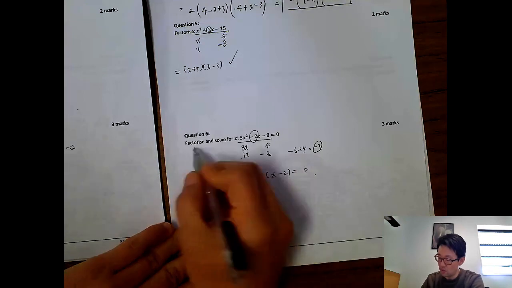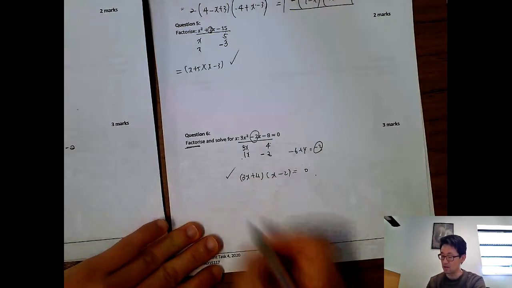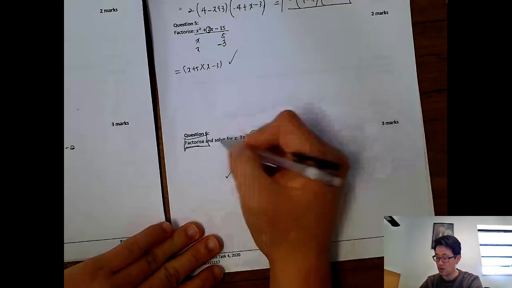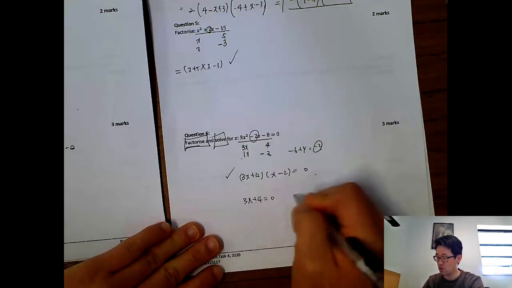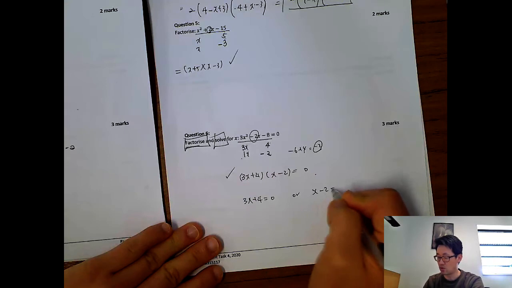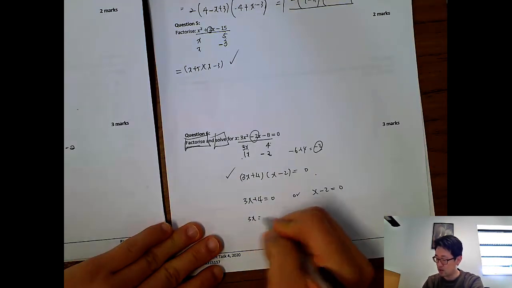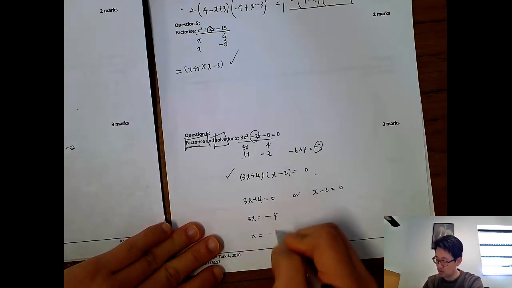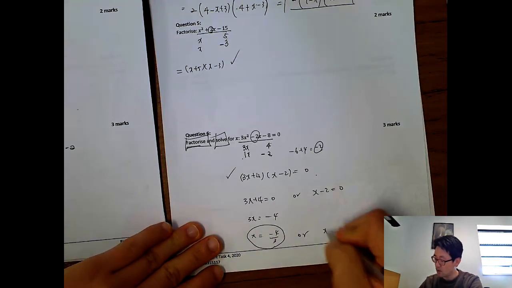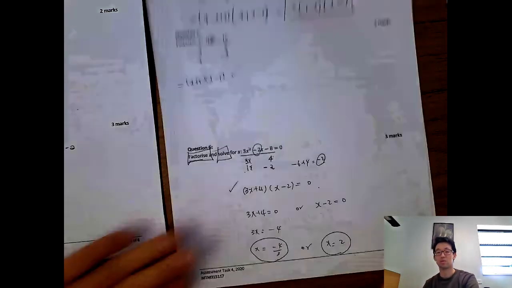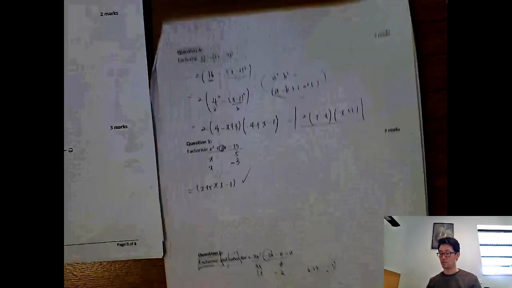Yep. Therefore, we factorize it, done. To solve it, 3x plus 4 equals 0, or x minus 2 equals 0. 3x equals minus 4, x is minus 4 over 3, or x equals 2. Good. Okay, continue.